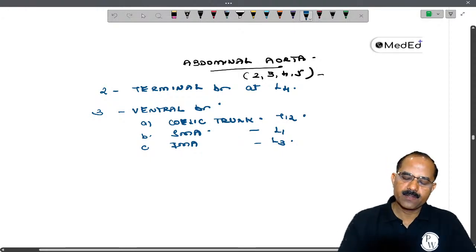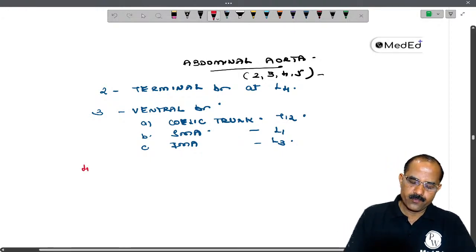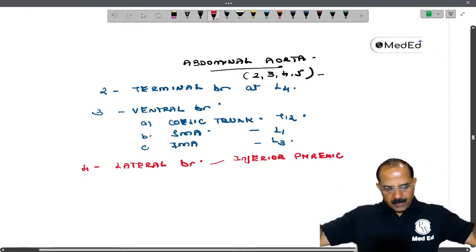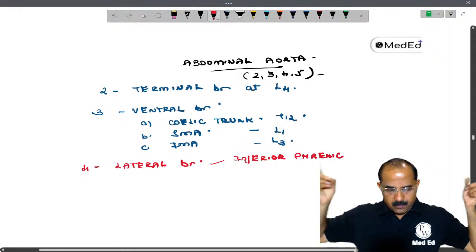Okay, उसके बाद 4 lateral branches. उसमें first is inferior phrenic. Lateral branches will be in pairs, है ना? Sides पे होंगे for paired organs.